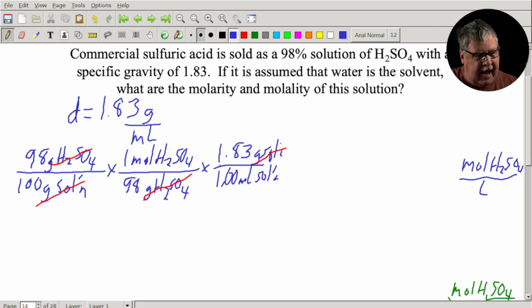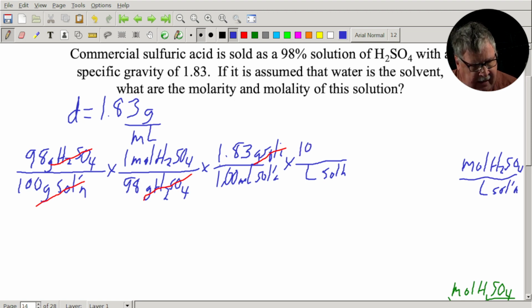And so the only other thing I have to do to complete this calculation is to change milliliters to liters. How many milliliters are there in a liter? 1,000. Yes. So in this case, that means if I want liters of solution on the bottom, and I actually should spell this out in my end unit as well, because I want it in liters of solution in the bottom of the fraction.